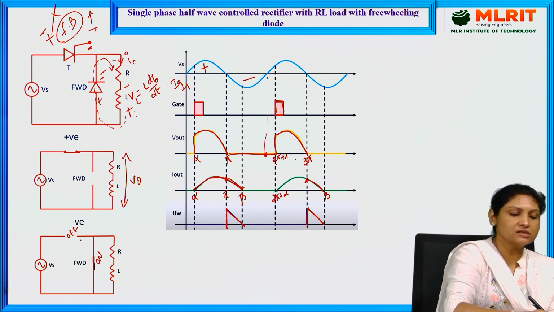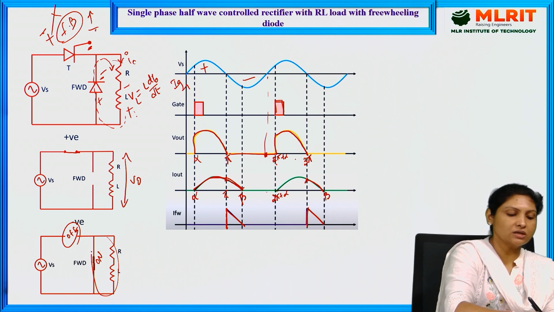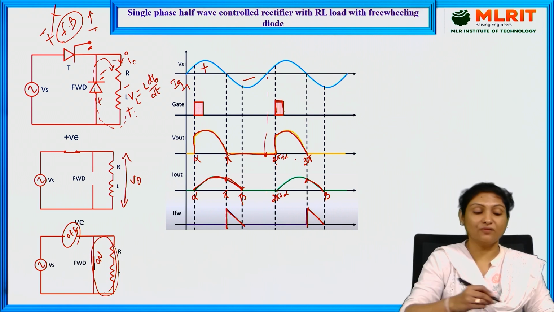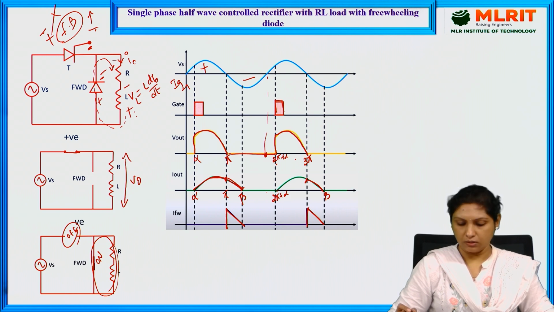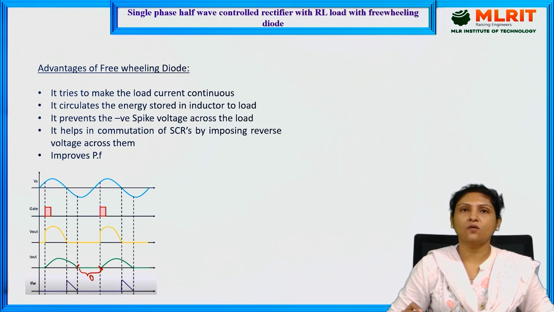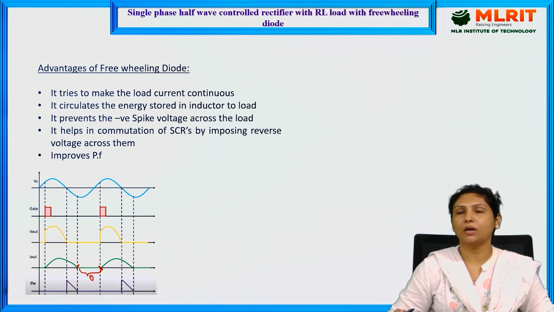So that is the reason here thyristor is getting turned off, and thereby whatever the energy stored in the inductor is getting circulated. This particular freewheeling diode is facilitating that. So naturally turn off of thyristor will be taking place. So these are the various advantages of making use of a freewheeling diode.